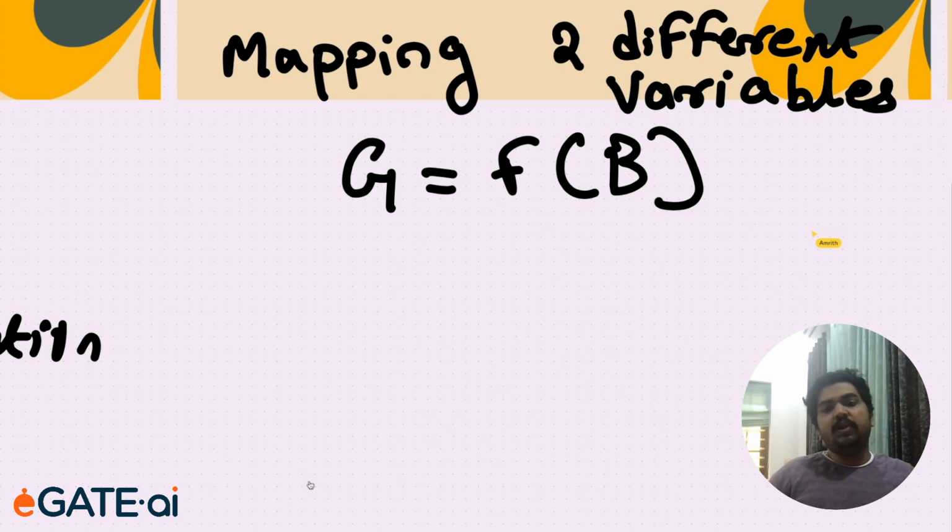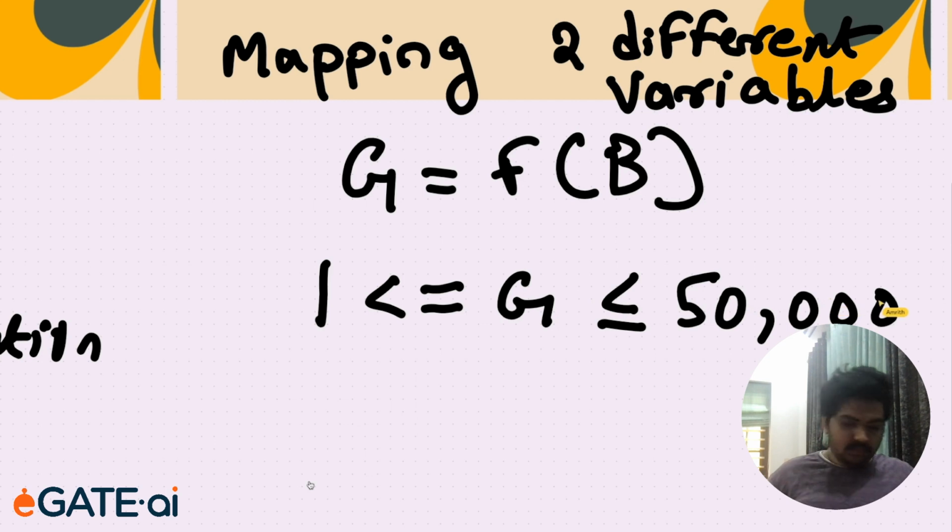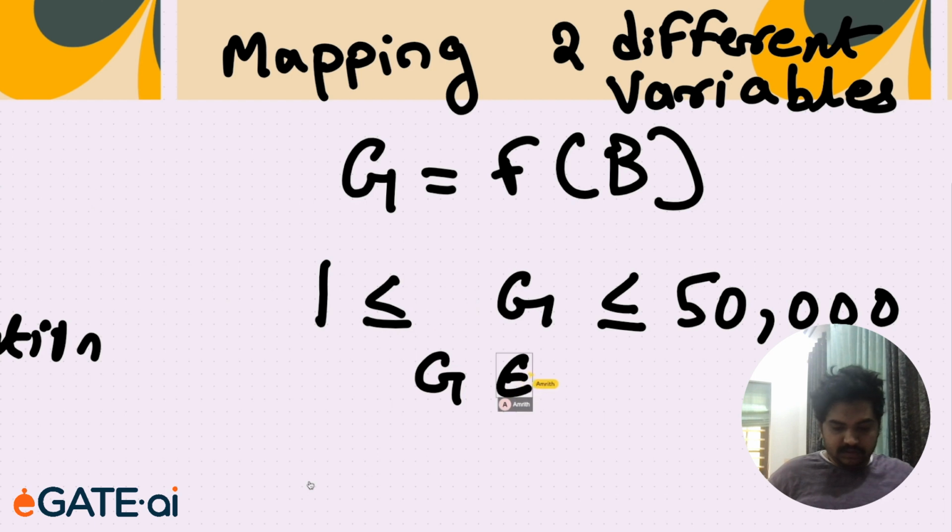Let's assume we will only consider ranks till 50,000. Then the values that G can assume will be between 1 and 50,000. Moreover, G belongs to the set of natural numbers.